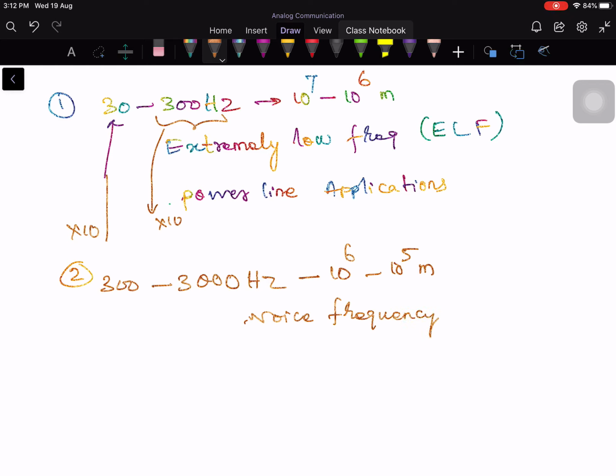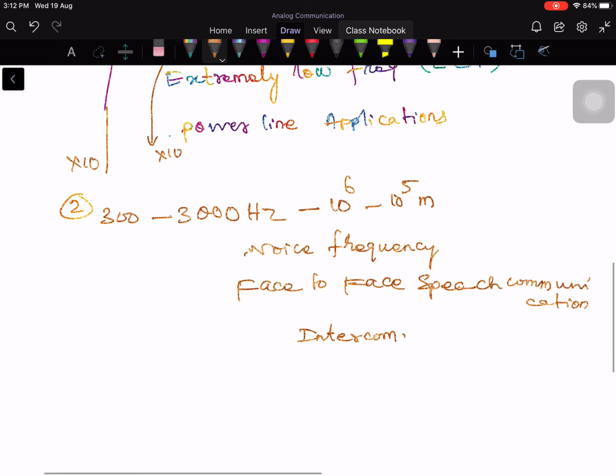It is used in face-to-face speech communication, and the intercom also operates in this frequency only.